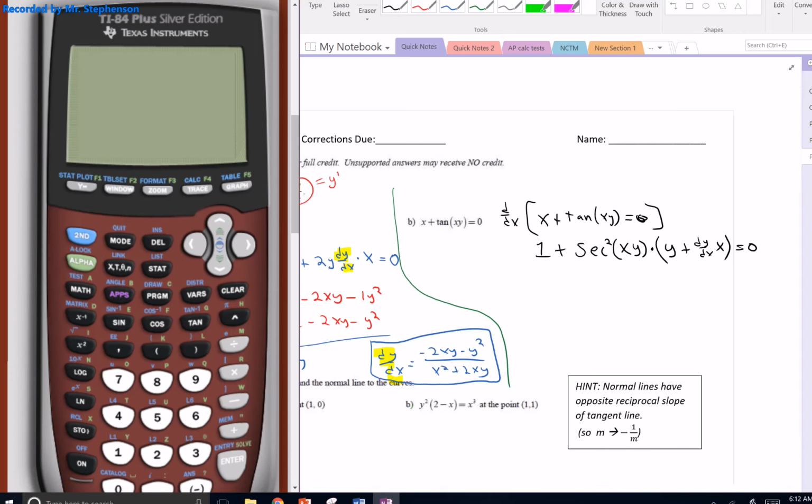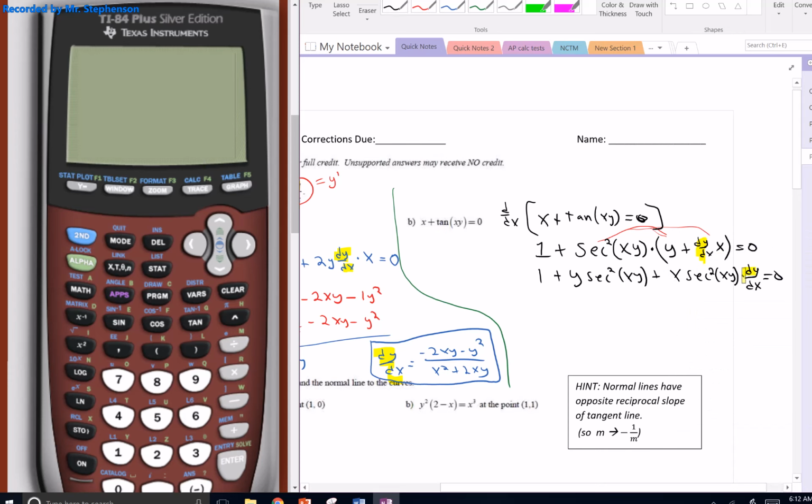Now remember, our goal is to get everything with the dy/dx on one side and everything else on the other side. So what we need to do is distribute this secant squared in there. So we're going to have 1 plus y secant squared xy plus x secant squared xy times dy/dx.